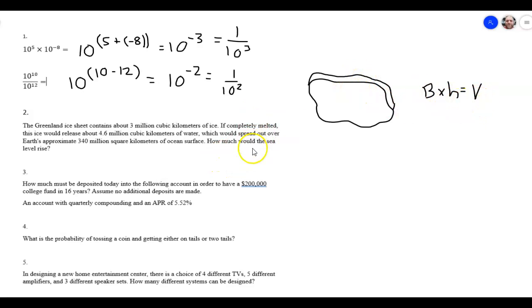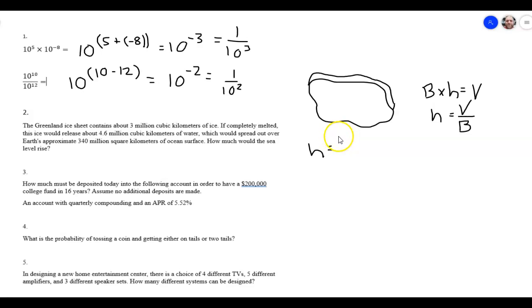And since we're trying to find this height, because we want to know how much it's raised, we can divide both sides by the base, and I get height is equal to the volume of the entire thing all over the area of the base. So this is what we're solving for. The height in this case is equal to the total volume that's released, and remember, volume is always going to be in a cubic number, so it's this 4.6 cubic kilometers.